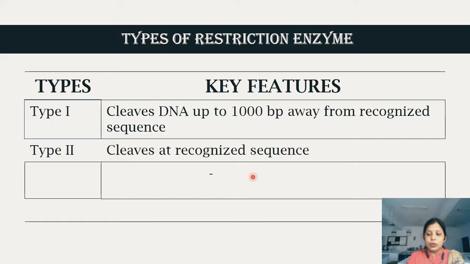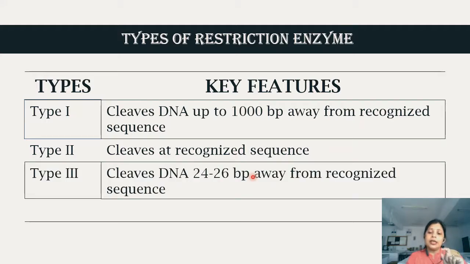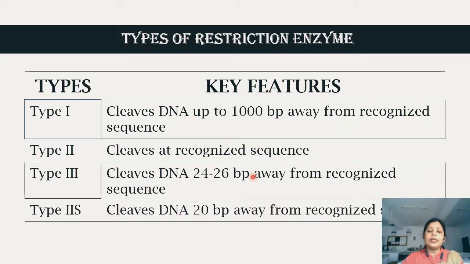We have type 2, which cleaves at the recognized sequence within the palindrome. Type 3 will cut DNA 24 to 26 base pairs away from the recognized sequence. And we have type 2S, which cleaves DNA 20 base pairs away from the recognized sequence. Now you know the most useful for us for genetic engineering is type 2.